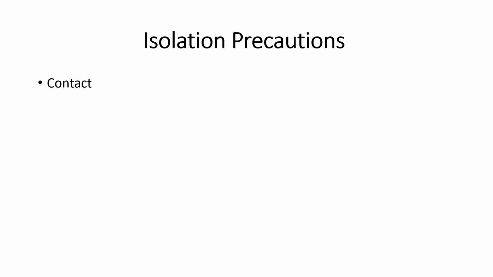Next was contact. So this is probably the most common type of isolation precaution you'll come across in the healthcare setting. Again, these patients should be set up in a private room because we don't want to be putting a clean patient in with a patient who has a microorganism on contact precautions, unless, again, they have the same bug.